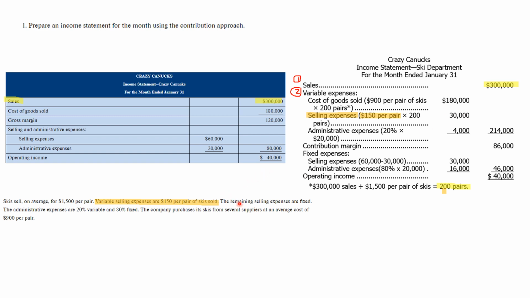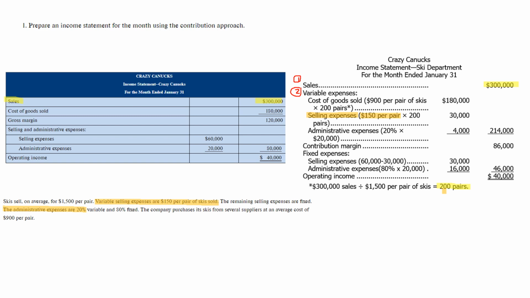The remaining selling expenses are fixed. So we're going to skip that now because we're doing our variable ones. Now we have the administrative expenses are 20% variable and 80% fixed. So we know that at least 20% of our administrative expenses are variable.